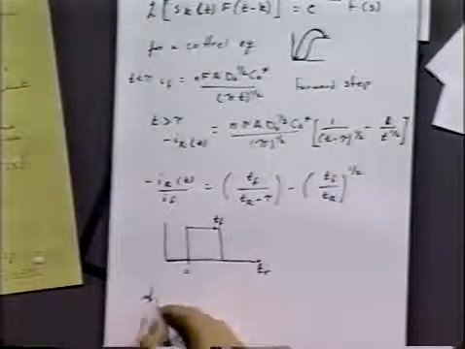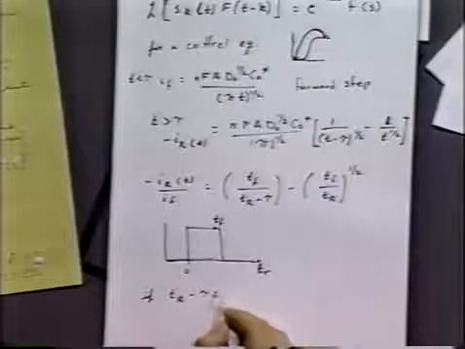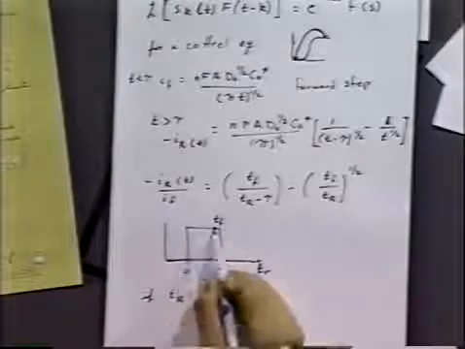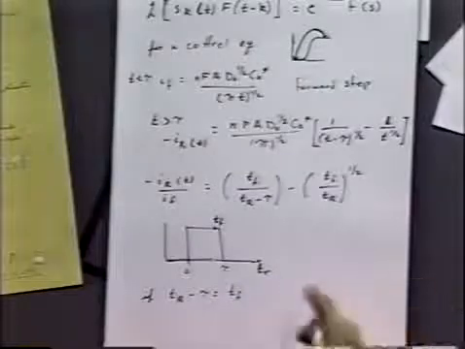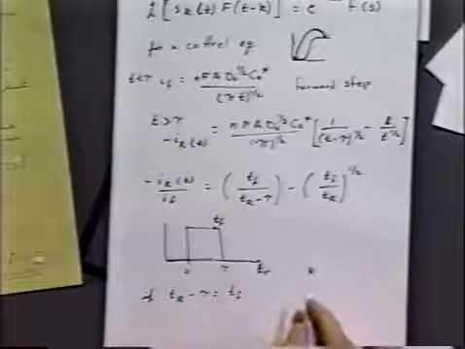And a particularly interesting case is when T sub r minus tau is equal to T sub f. In other words, T sub f after 0 is the same amount of time as T sub r is after tau. Same length of time from the initial step to the step back.